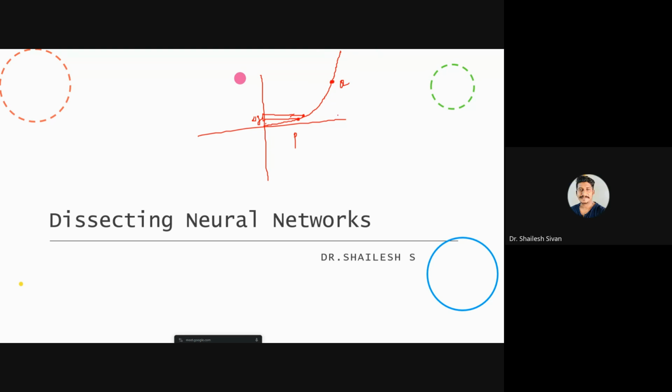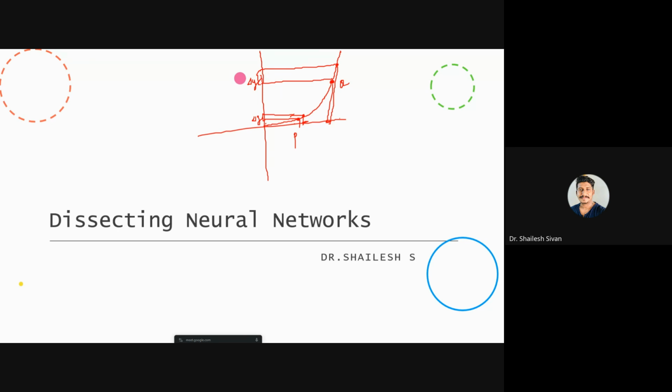The same unit, if you change here, what will happen? Here the unit change on x is the same, but what about the change in y? It is greater in the second case, right?